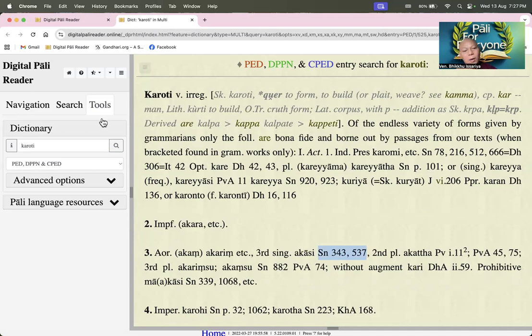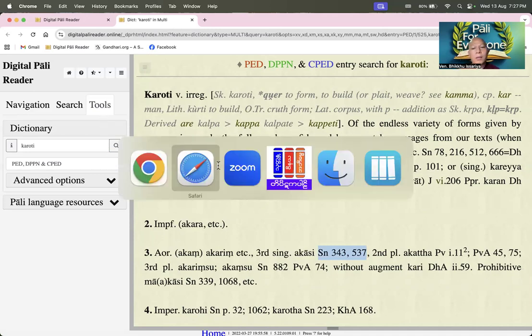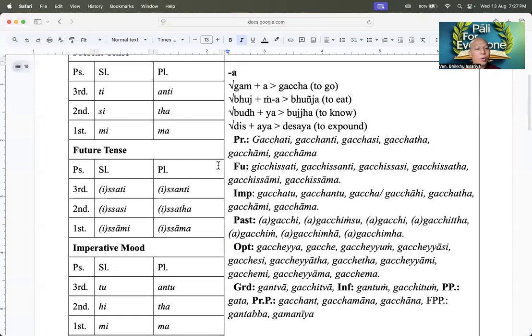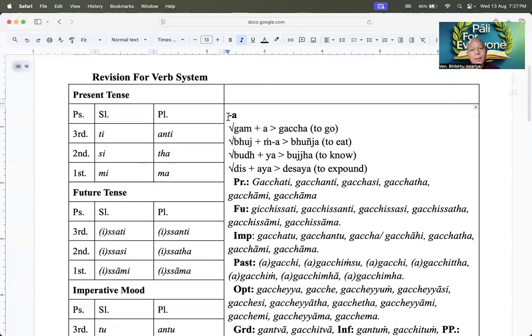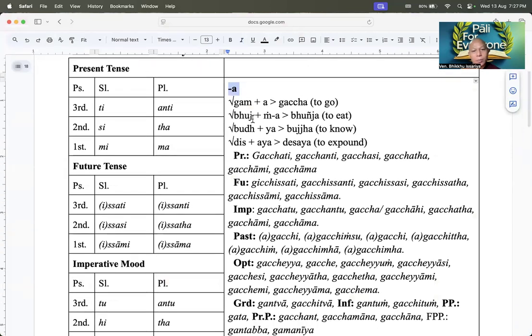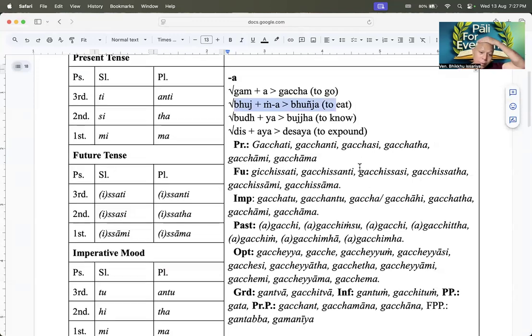But now we are practicing taking that way, so in this way all the available forms we can do. So now these are simple verbs ending in a, like gacha, okay. But the others like bhuj or bonja also we can do in this way.